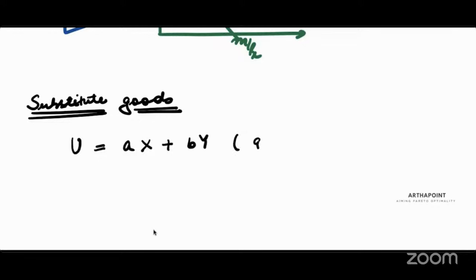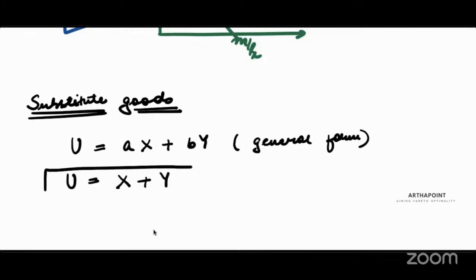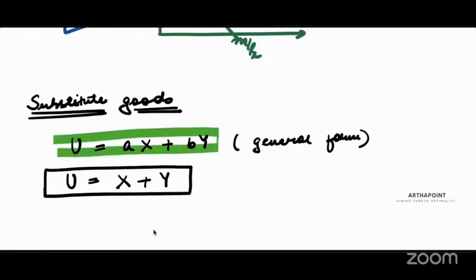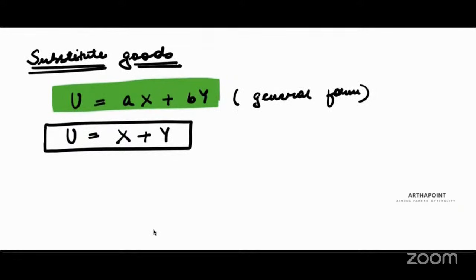This is a general form. But I'll take first of all the case where simply I'm having U is equal to X plus Y. I'll talk in detail about AX plus BY, maybe today or in the next class. In fact, a little more complicated case than this also. But let's begin with this case where I have U is equal to X plus Y.